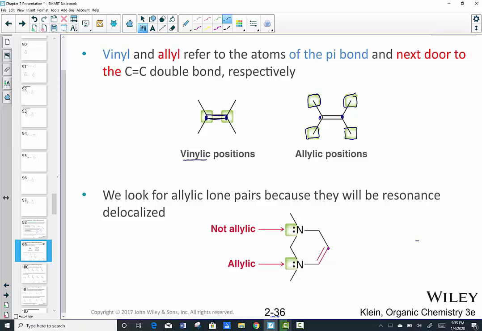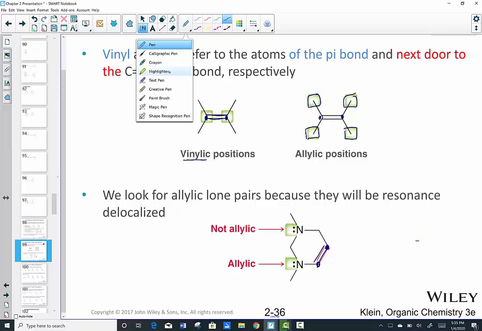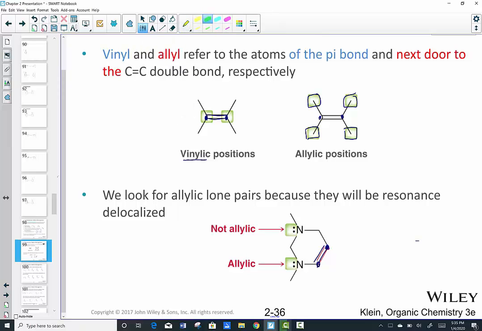So for example, here is a carbon to carbon double bond. All right, so we know the carbons that are in the double bond are known as vinylic. We're looking for the carbons that are adjacent to that. So this is an allylic position, and this is the allylic position, directly next to the carbons in the double bond. Do you see any lone pair electrons? And the answer is yes, right here.